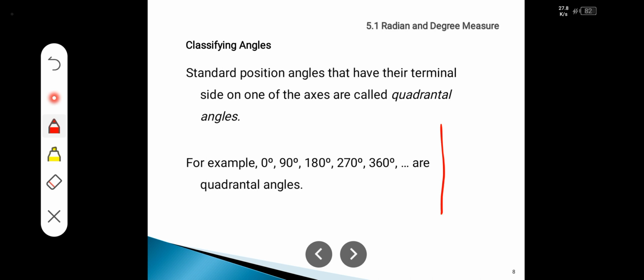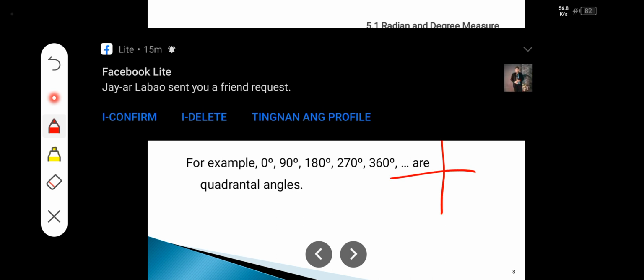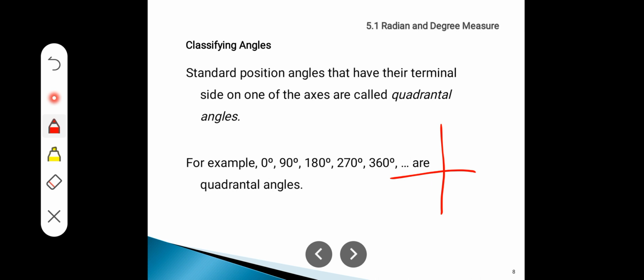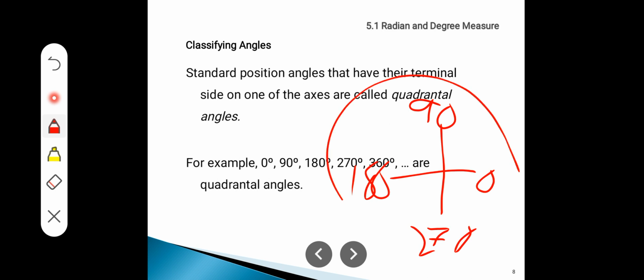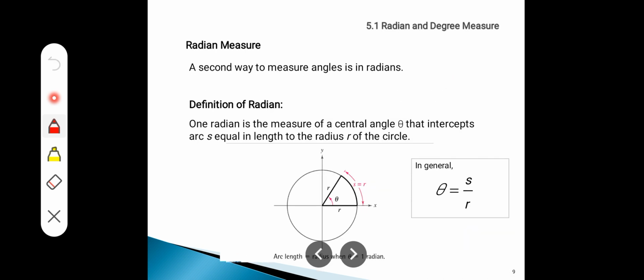So let's draw. This is 0, 90, 180, and 270. These are the quadrantal angles. Let's proceed.